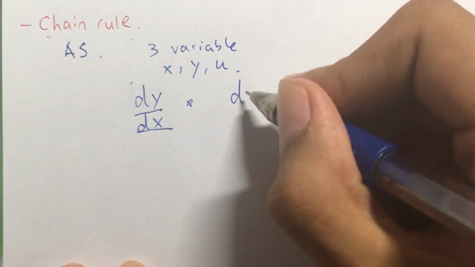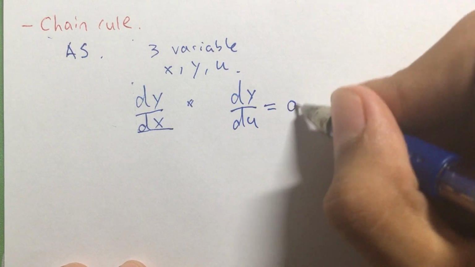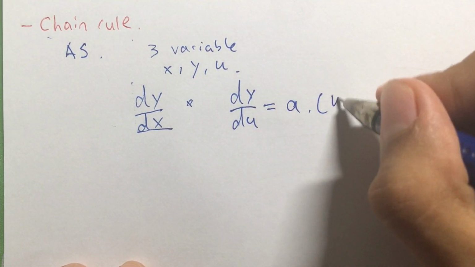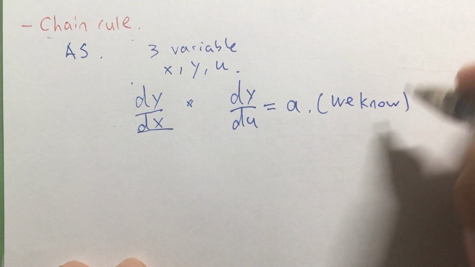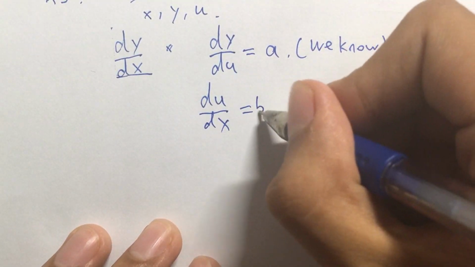Sometimes we know dy over du, like a, and also we know du over dx equals b.